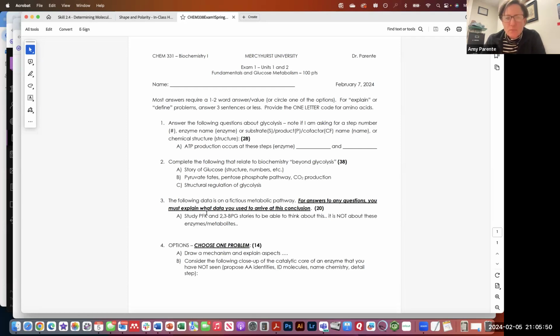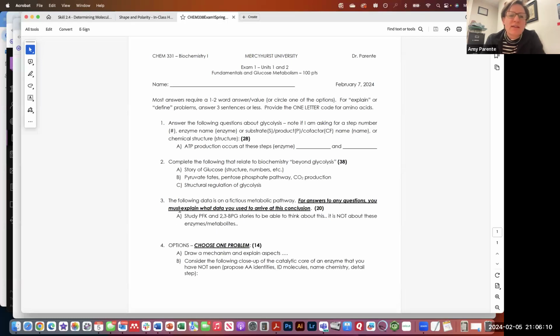Okay. So make sure that you understand how PFK regulation is affected by substrate concentration. We had those plots. And then we had the story of 2,3-BPG and how binding that metabolite changed R state and T state in a different system, but how these pieces work together.